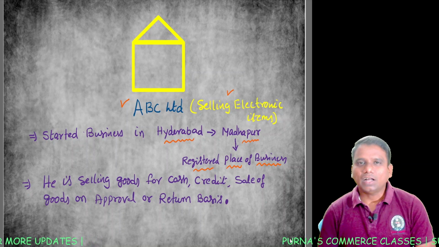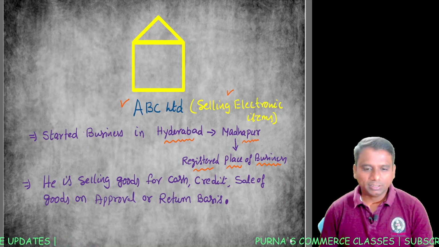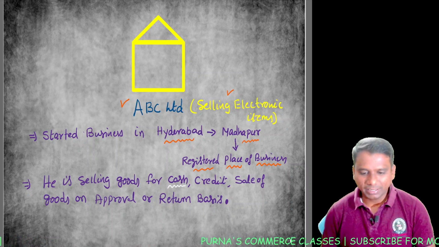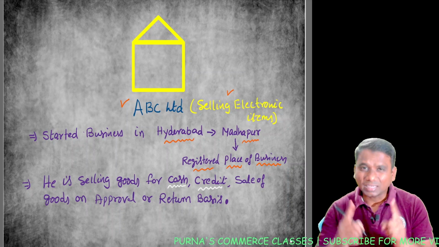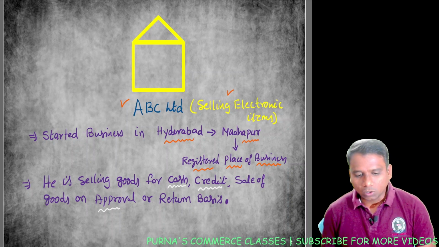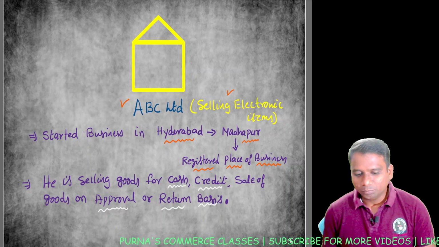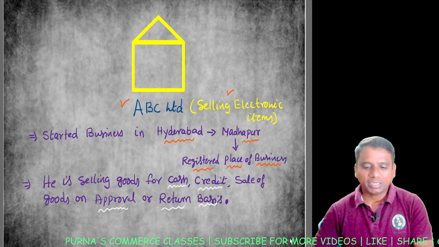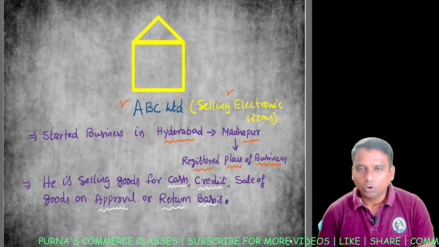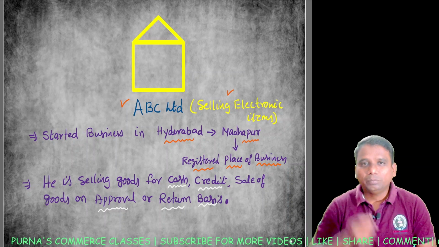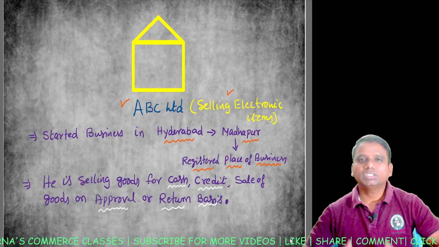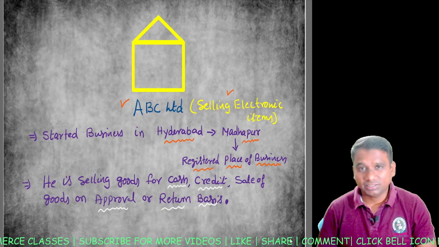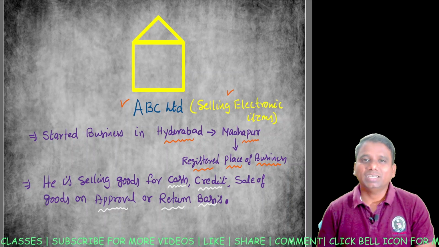Now we started our business. We are selling goods for cash as well as on credit, as well as on approval or return basis. Why are we selling goods for cash and credit? For earning profit. To earn profit, a businessman always wants to sell a larger quantity of goods, so he searches for ways to sell more.